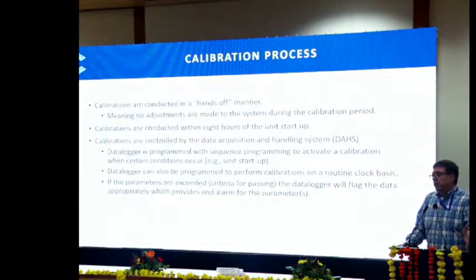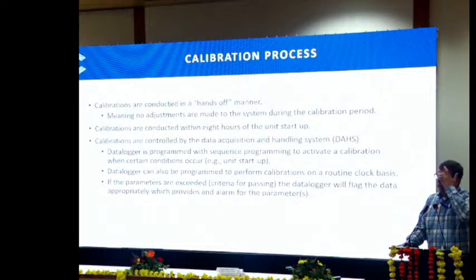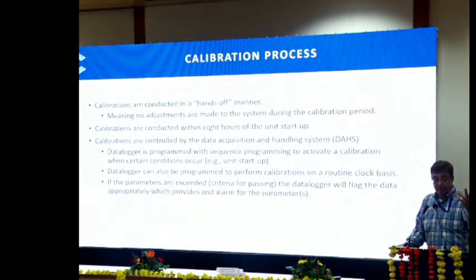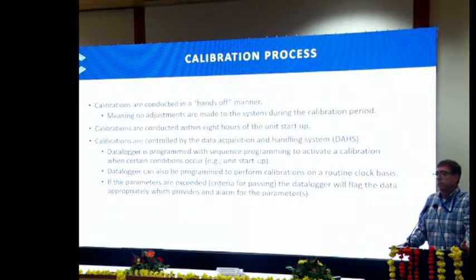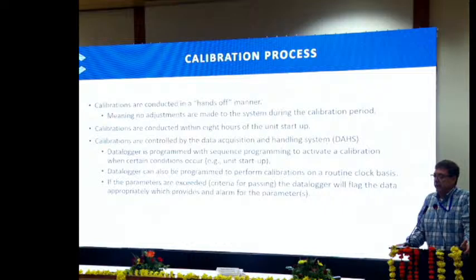The data logger can also be programmed to perform calibrations on a routine clock basis. If you're a normal base-loaded unit and you're running 24/7, then you can have it set to where it's running at a particular time each day. If the parameters are exceeded, the data logger will flag the data appropriately, which provides an alarm for the parameters.